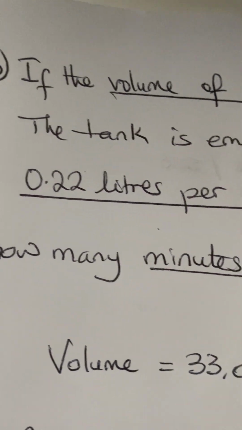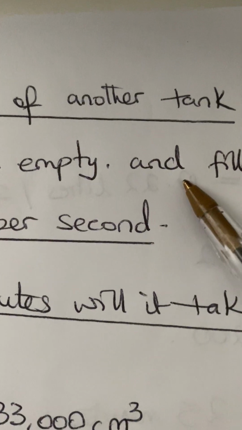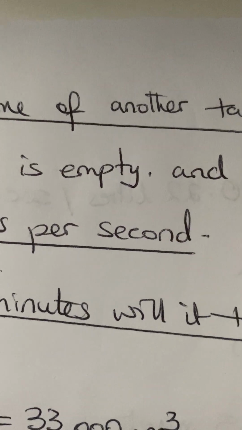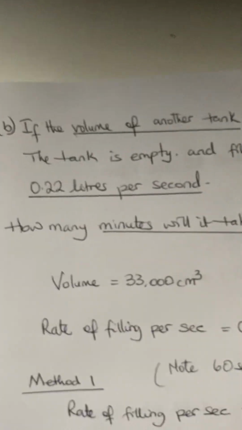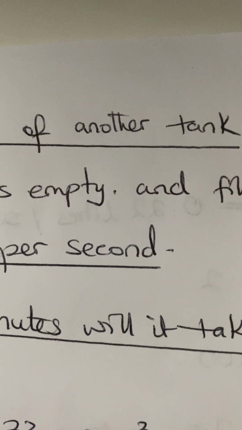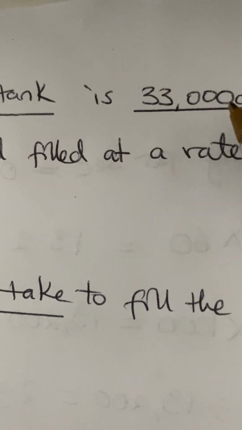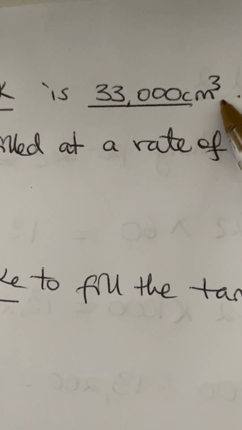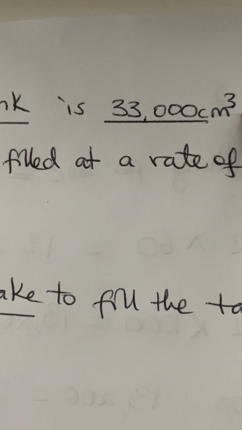The second part is if the volume of another tank, so you've done the first tank and they are giving you another tank, is 33,000 centimeters cubed.